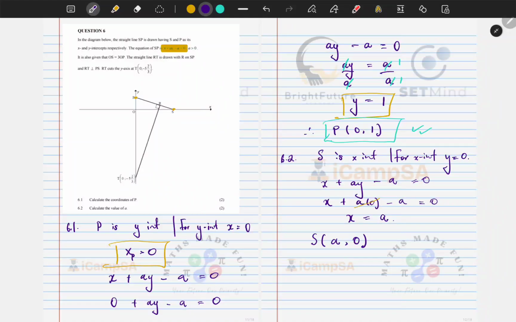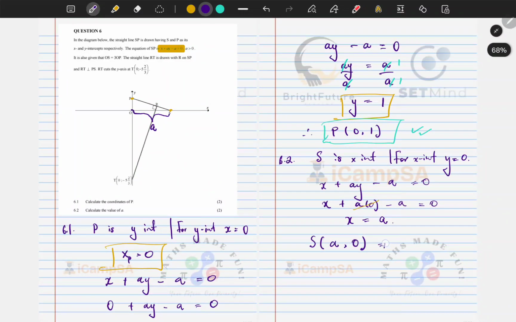This is important because it means that this length here is going to be a units. I said it's 4, no, it's not 4. I mean, it's a units. I don't know why I'm saying it's 4. Your OS is going to be a.